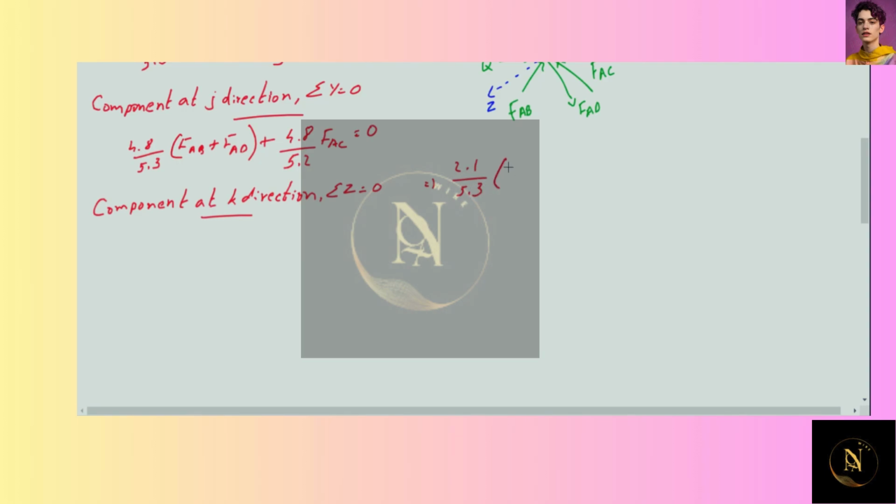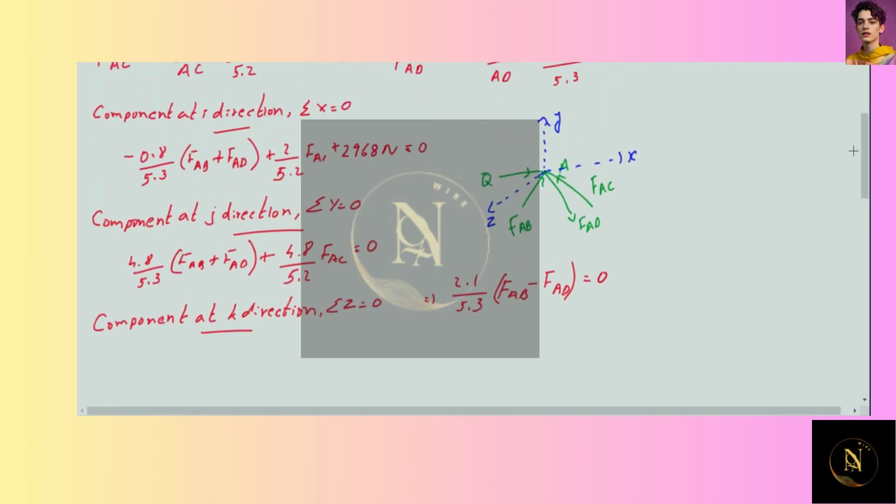Let's take this common outside. Then that will be FAB minus FAD equal to 0. So here there are 3 equations and 3 unknowns. If we have 3 equations and 3 unknowns, we know how to solve it.